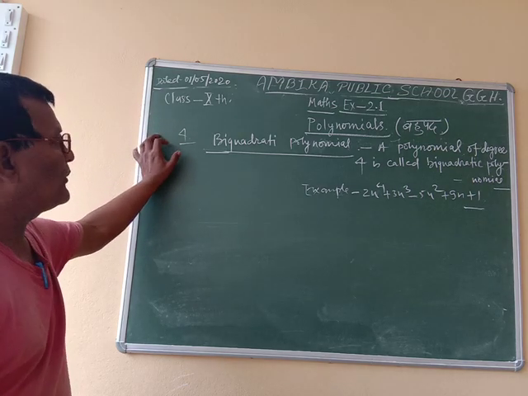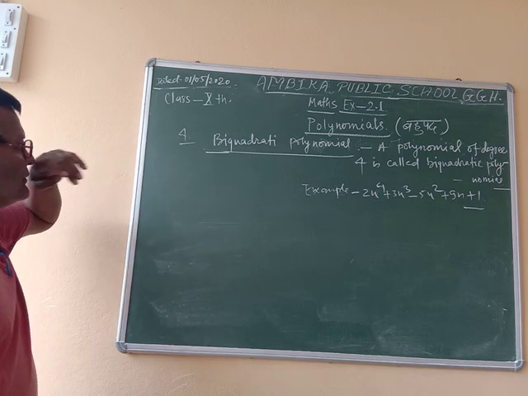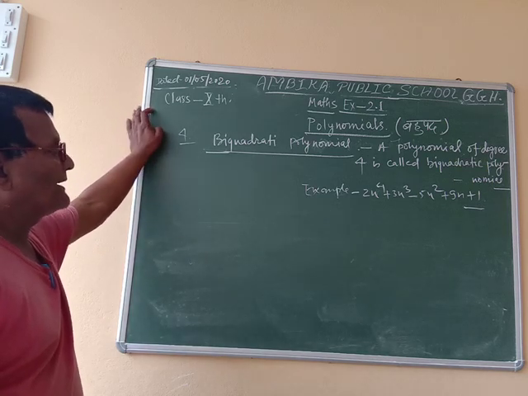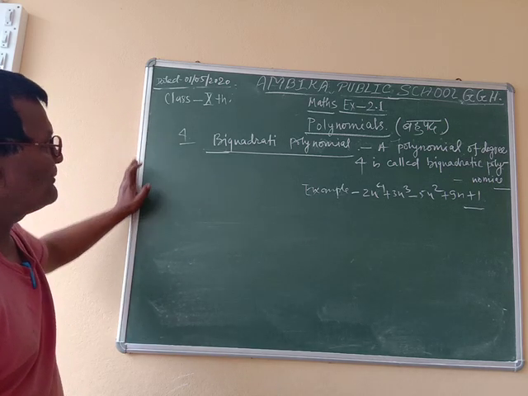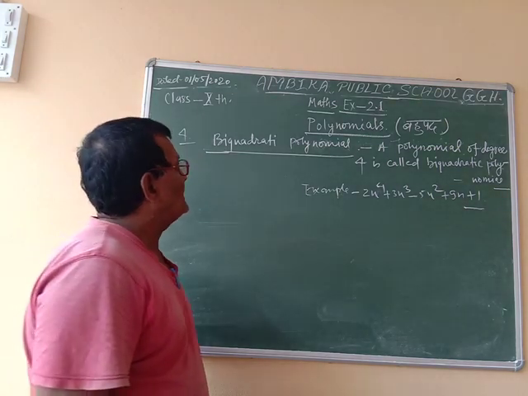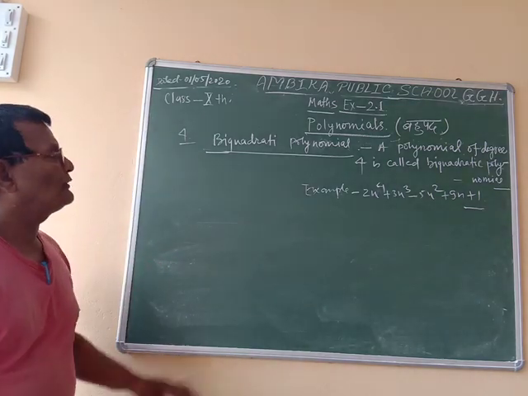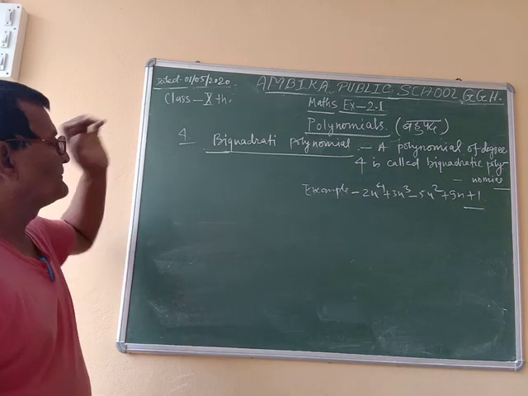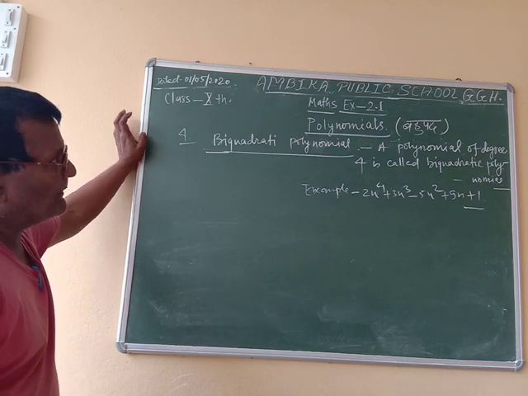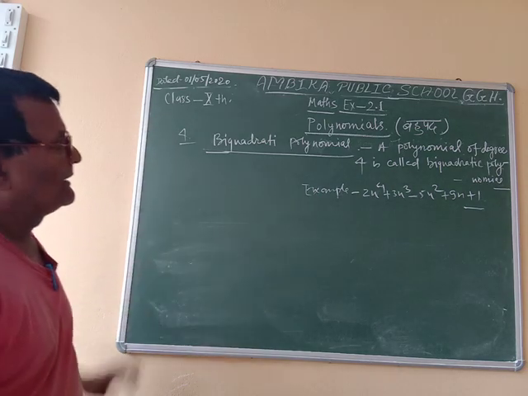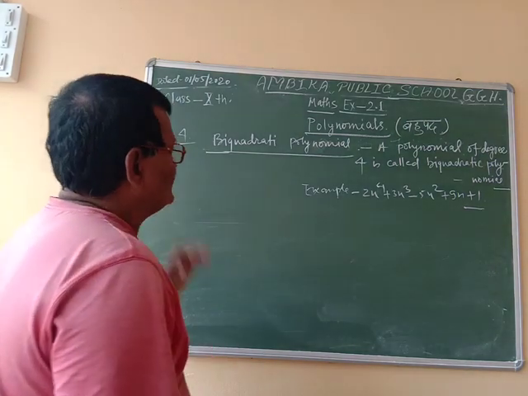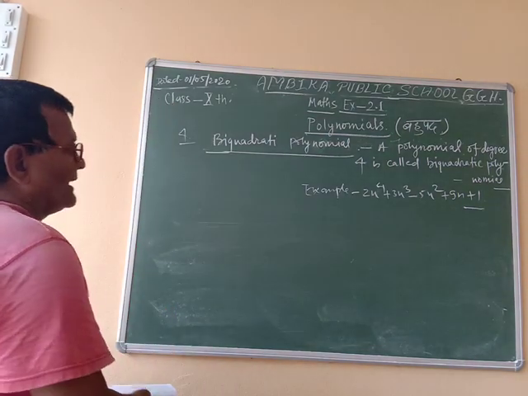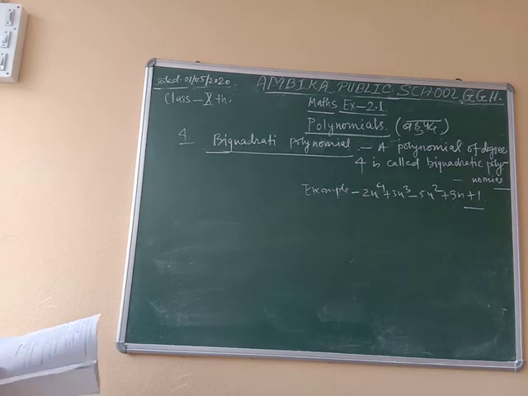A polynomial of degree 2 is called a quadratic polynomial. A polynomial of degree 3 is called a cubic polynomial, त्रिघात बहुपद. And a polynomial of degree 4 is called a biquadratic polynomial.